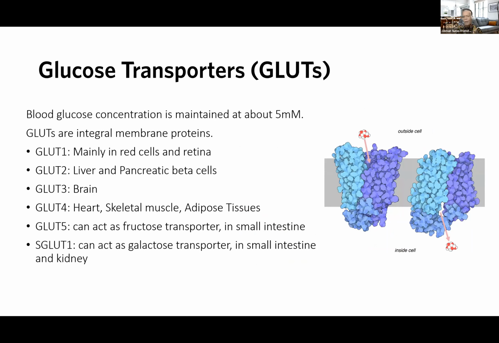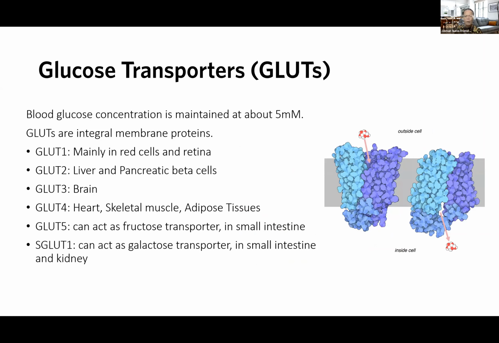Let us see this diagram. From this PPT, we can see that every organ has its own glucose transporter.